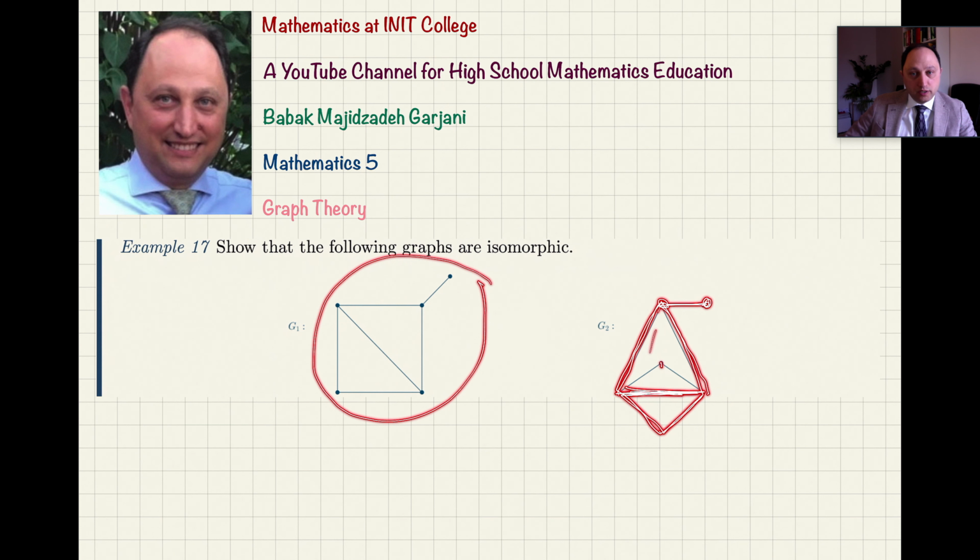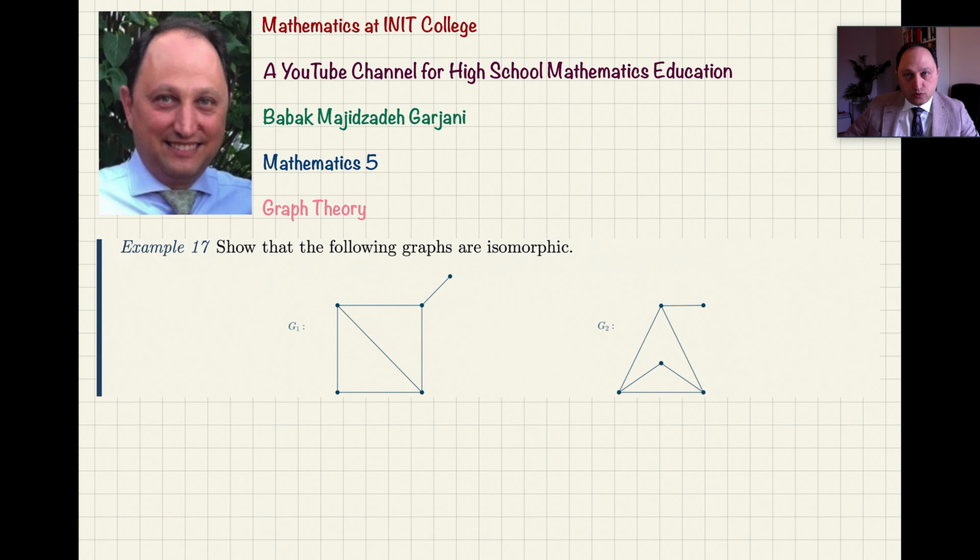This is how you convince yourself, but if you want to write it rigorously, you have to start labeling them. So I will, and then you will tell me, the person who answered, who was it? I forgot. But let me write this. Let me write A here, for example. Randomly label this A, B, C, D, and E. Now I am asking you, the person who answered my question, who answered that they are isomorphic?